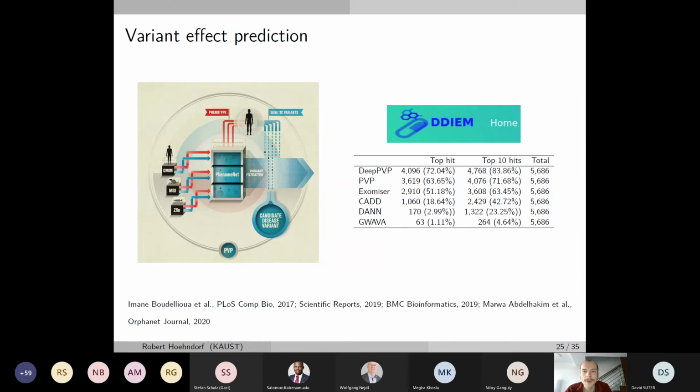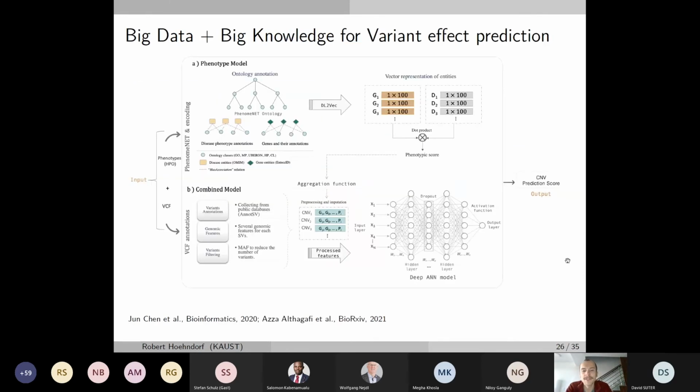And I show you one example here. So this is an example. It's a specific model, but it's very similar in many of our methods. So this is a system that my student Asa has built for copy number variants. And we take as an input a set of phenotypes and the set of variants.